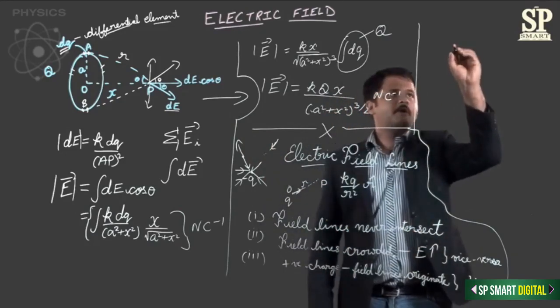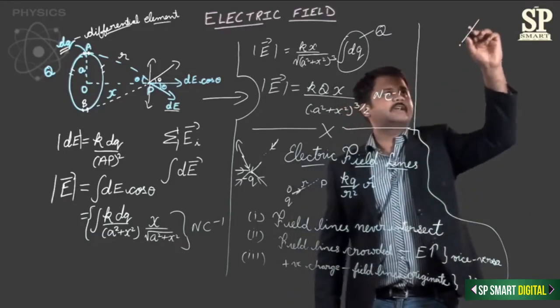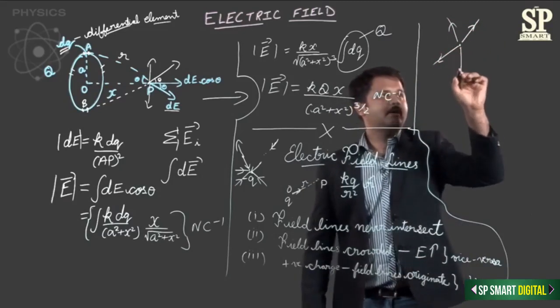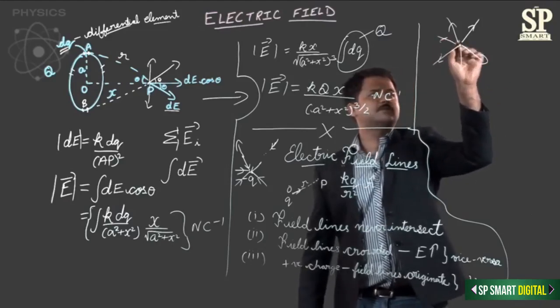So for a positive point charge, the electric field lines look something like this. They are radial rays that are originating from this particular positive point charge.